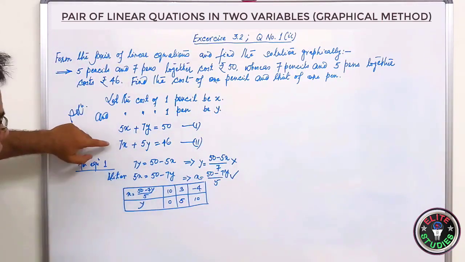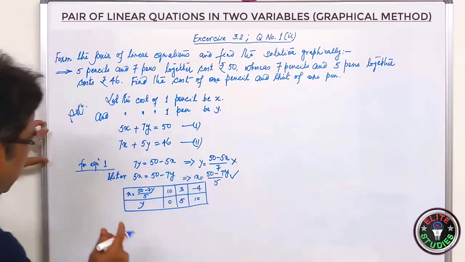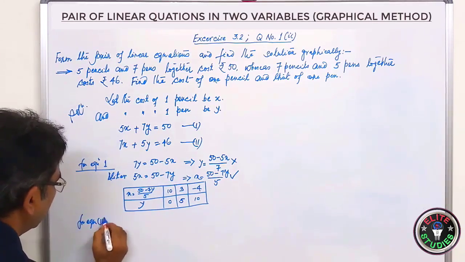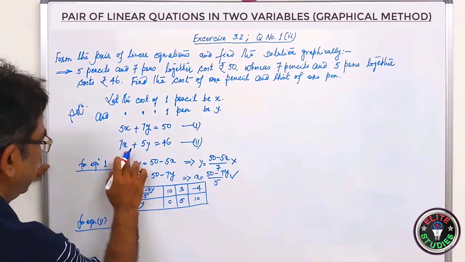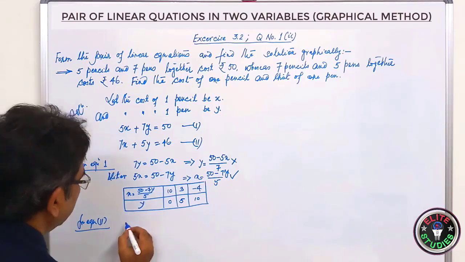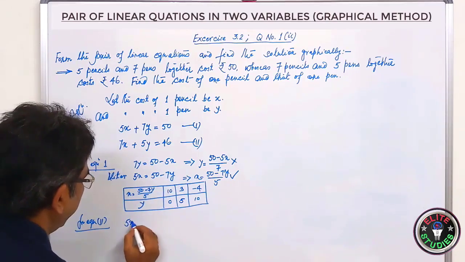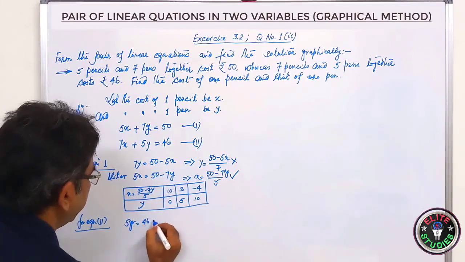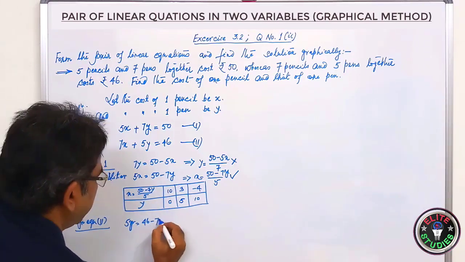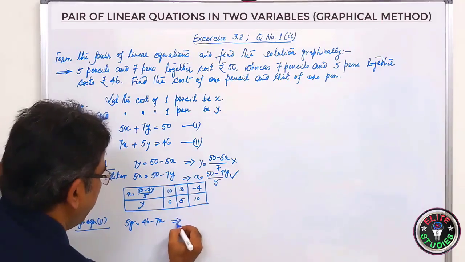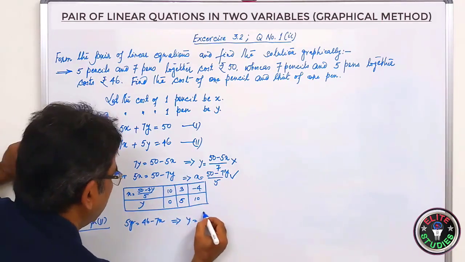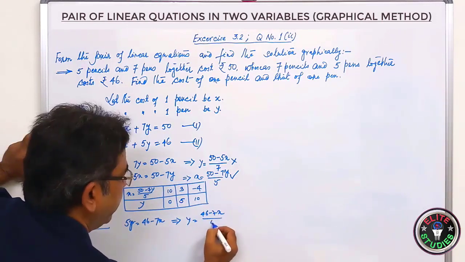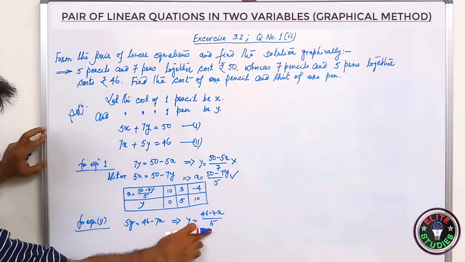Similarly, from the second equation, equation 2, here 5y will be equal to 46 minus 7x. So it implies y is equal to 46 minus 7x by 5. Now the division by 5 will be convenient.